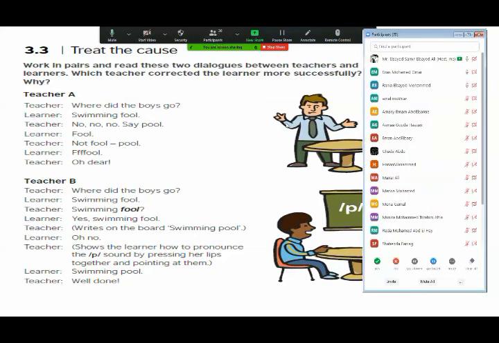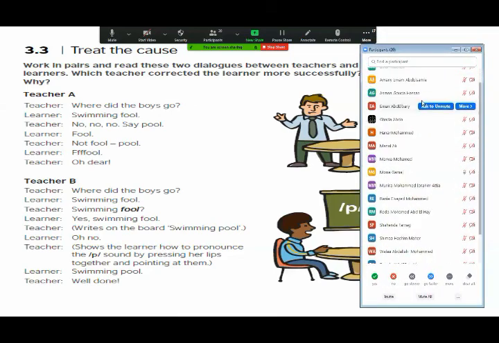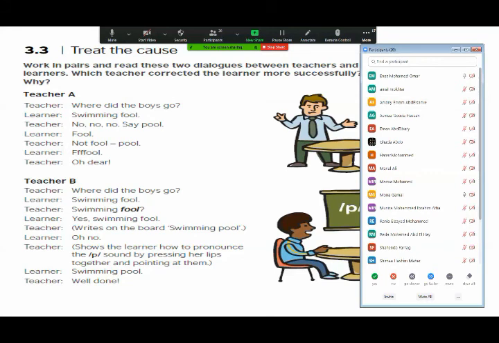Who can give me an answer for this question? Which teacher corrected the learners successfully? Teacher B. Miss Mona: In picture B, she uses cards. She repeated the words in a friendly way. But in picture A, he is angry and doesn't listen to the people quietly.